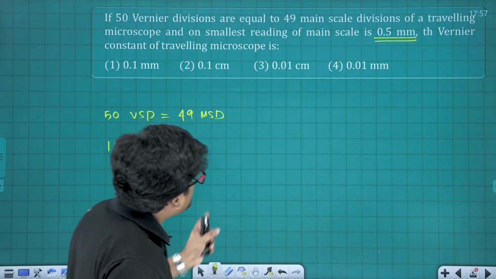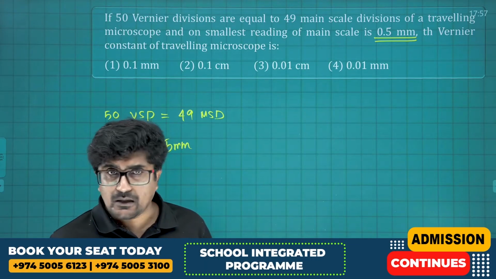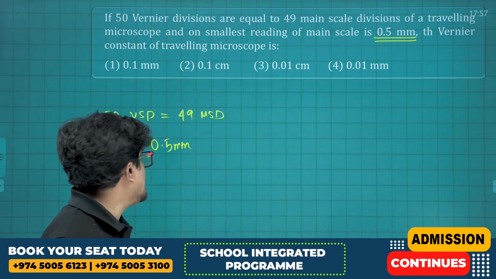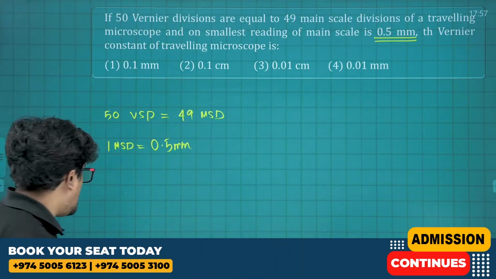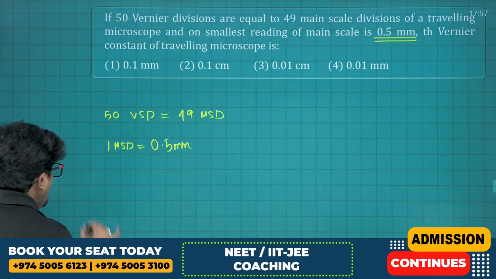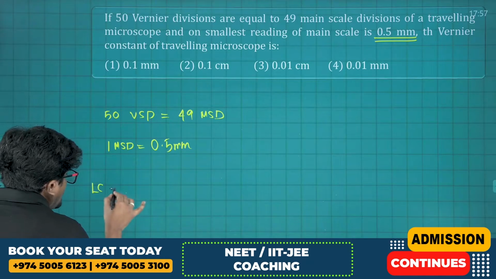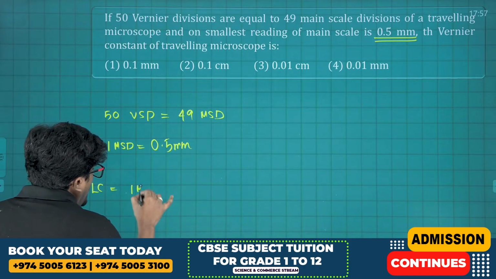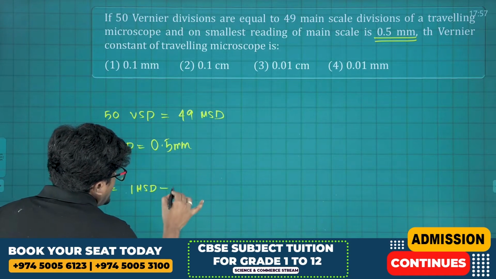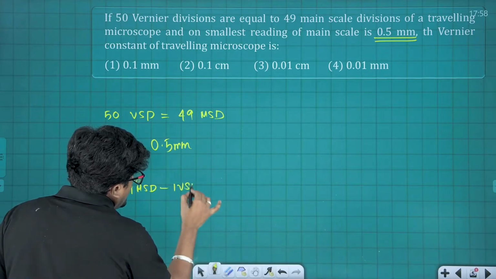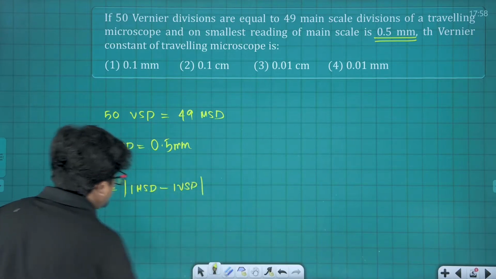They are asking for the Vernier constant, basically the least count. Vernier constant means least count. Same is the procedure for this one. Again, least count is supposed to be one main scale division minus one Vernier scale division, the magnitude of this.